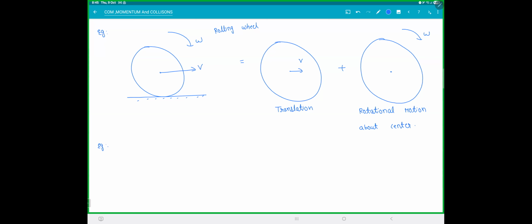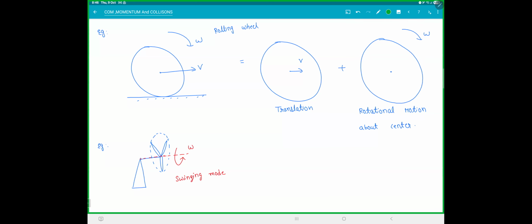Another example: if you look at your table fan in the house, if you have a swinging table fan, you must have noticed this. When a table fan is put on swing mode, there are actually two rotations.